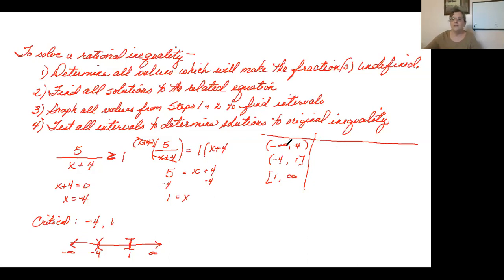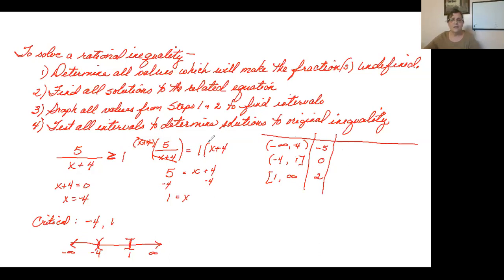As usual, my test value can be anything in this interval. So I can use negative 5 for here. I can use 0 for here. I always use 0 unless it's actually one of the endpoints because it's so easy to plug in. And then 2 would work for here.